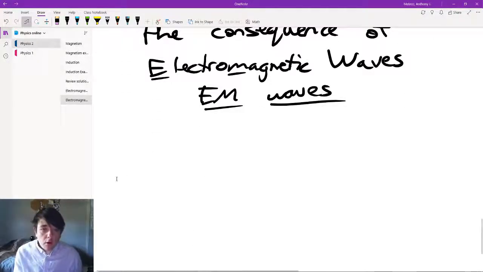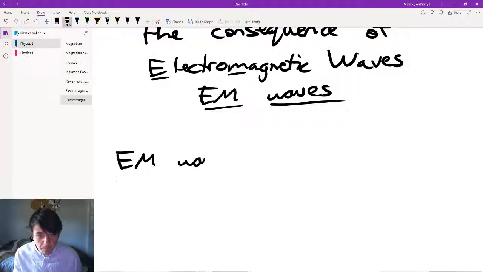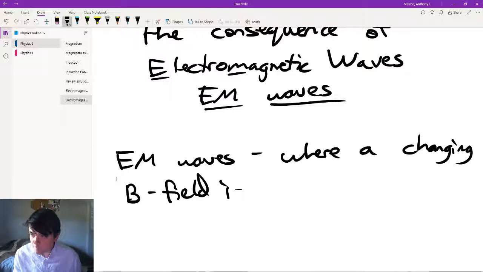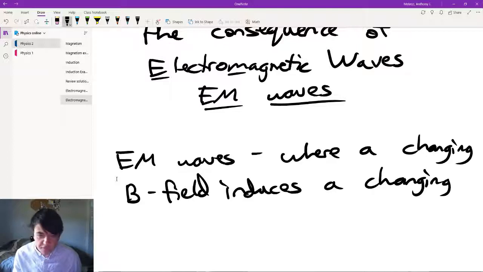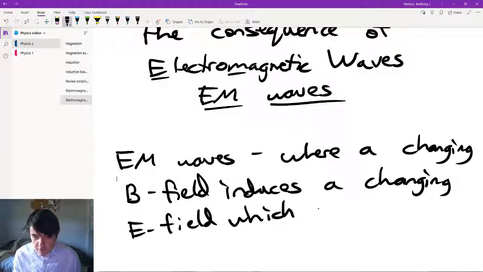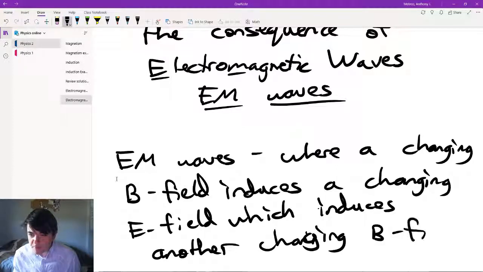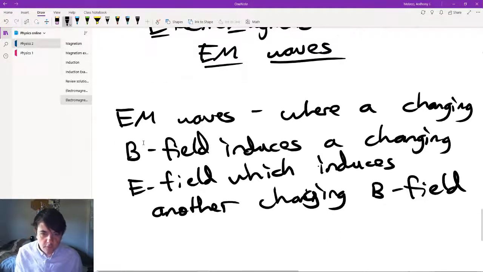So EM waves, their definition is where a changing B field induces a changing E field, which induces another changing B field, and so on and so forth.